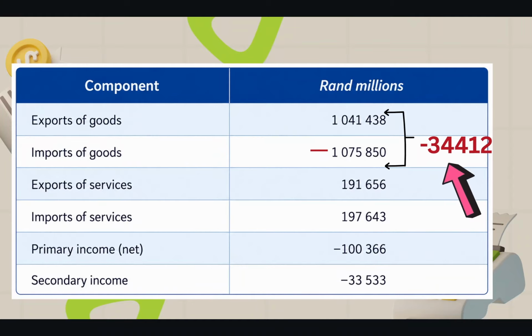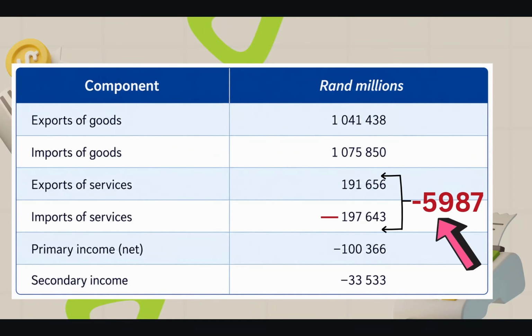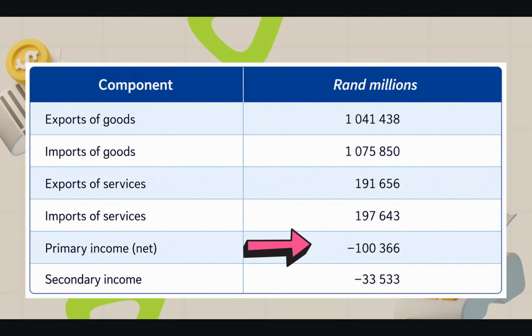We'll take the 34,412 deficit on the trade in goods balance plus the deficit on the trade in services balance, which is minus 5,987 deficit, plus net primary income, which is minus 100,366 deficit, plus the net secondary income, which is also a deficit of minus 33,533.